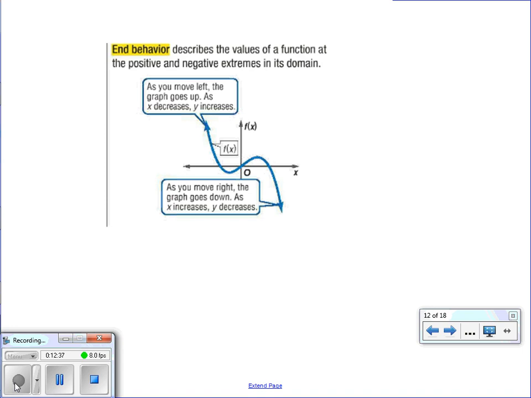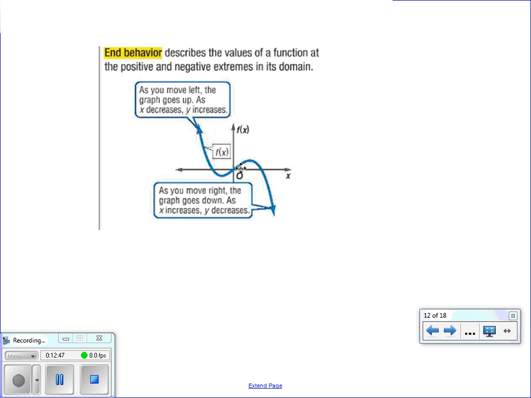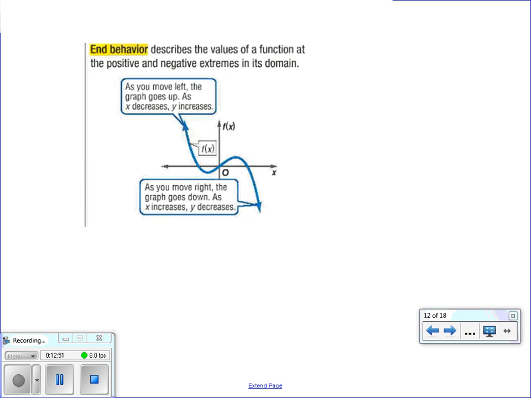Okay, let me say this again about end behavior. It describes how the line's going to move, right? When I look at this line and I notice as I move to the left, the graph is going to go, the y value is going to go up, right? The x value is going down as we move across this line, and the y value is going up.